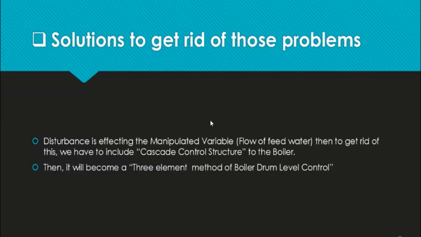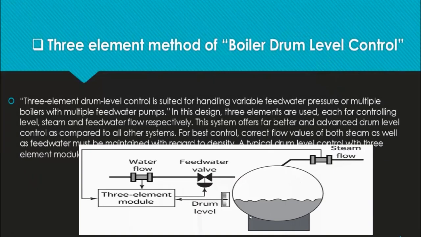Also, if we include a feed forward loop in this boiler drum level control, along with this cascade control structure loop, then it will become a 3-element method of boiler drum level control.